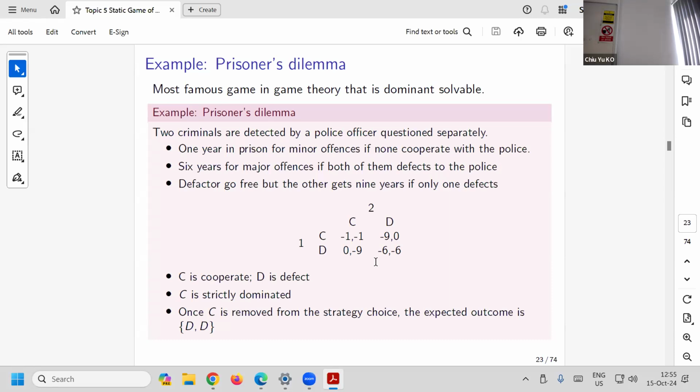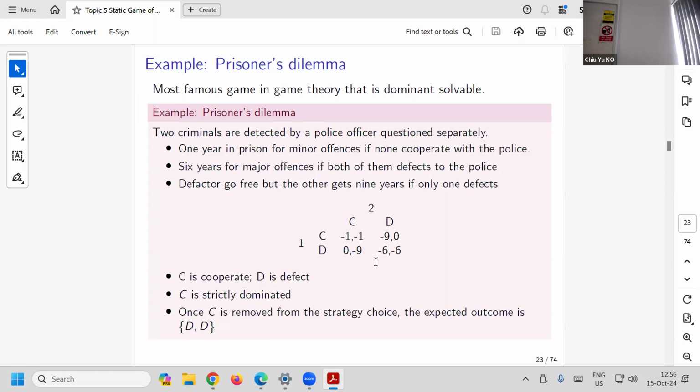Player 2 also has C and D. So basically, it's a complete description of 2 items, players and strategies. And the matrix here represents the payoffs, with the first number for the row player and the second number for the column player. So these 4 pairs of numbers represent payoffs. Whenever you see this, it's a complete description. Of course, this is only as good as a discrete and very simple problem. In our applications, we will go way beyond that, but it's good to start here.